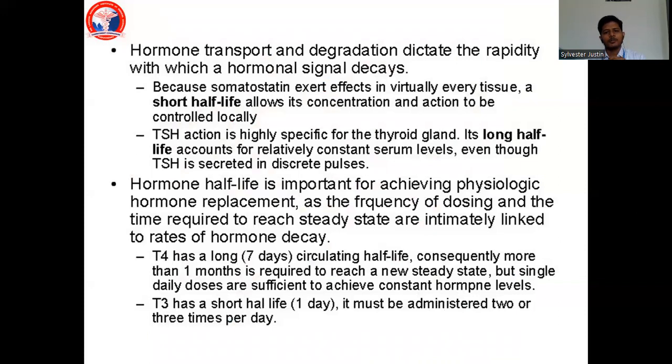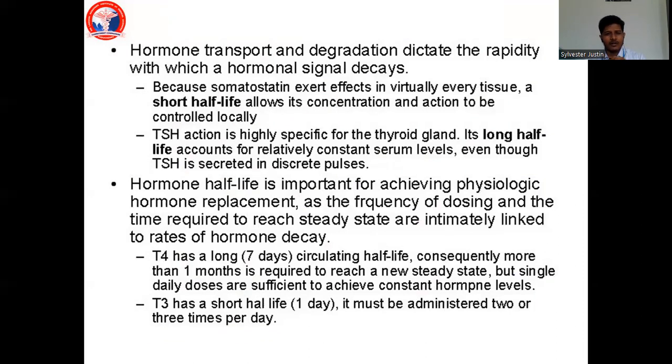So hormone transport and degradation dictate the rapidity with which a hormonal signal decays. For example, somatostatin exerts effects in virtually every tissue. So a short half-life allows its concentration and action to be controlled locally. TSH action is highly specific for the thyroid gland.